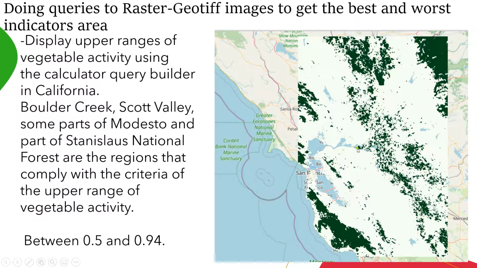For example, this is the result of doing a query of a raster file, where we are looking for the highest vegetable activity performance of this region of California, and the result is that the region in green represents the regions that have the best performance in vegetable activity for California, which means that its value is between 0.5 and 0.94 in March of the year 2021.